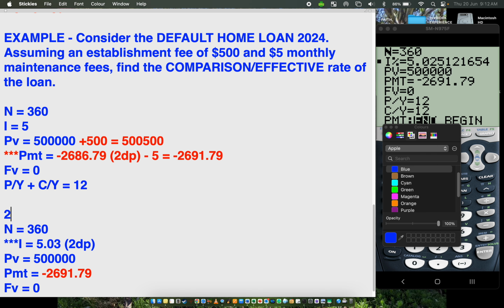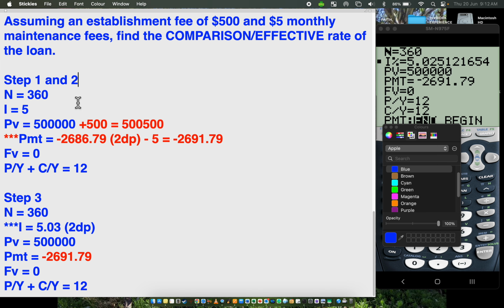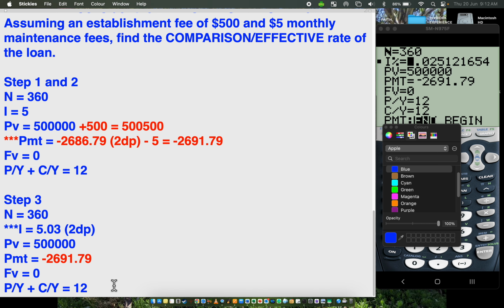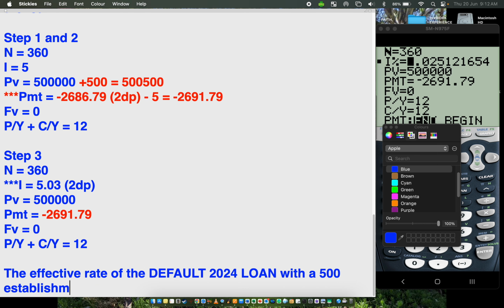Okay? Steps 1 and 2 were done in the one TVM. So the effective rate of the default 2024 loan with 500 establishment and 5 monthly fee is 5.03% per annum.